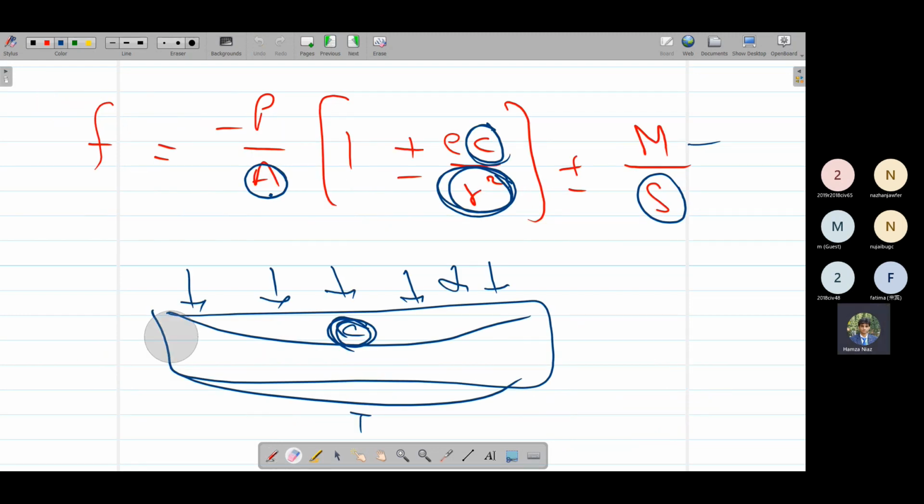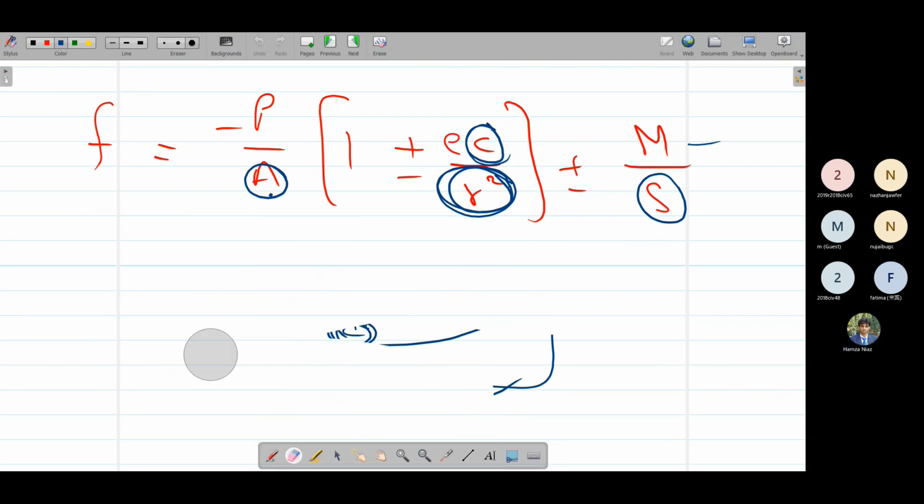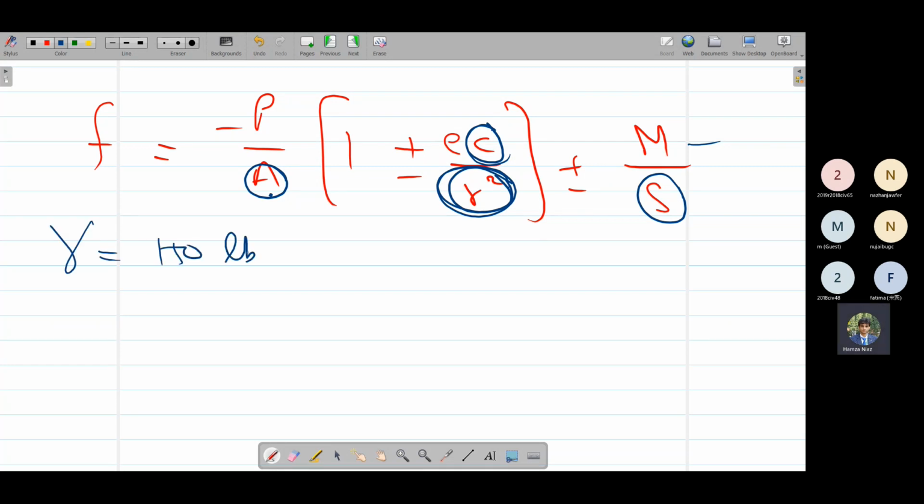And for M_D, we know that the unit weight of concrete, gamma, is equal to 150 pounds per cubic foot. We have to memorize this. It is 150 pounds per cubic foot or 25 kilonewtons per cubic meter, whichever the units are. These are the unit weights.